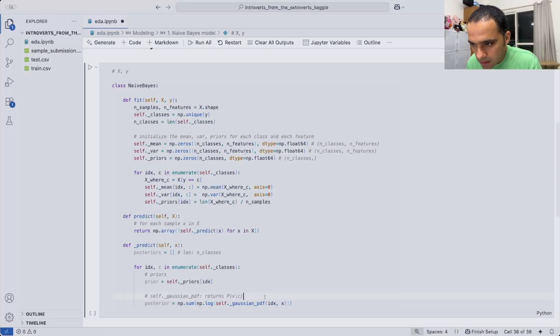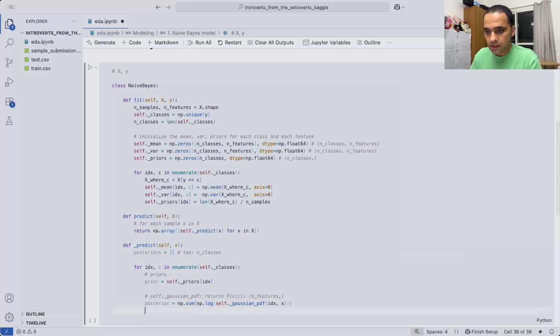So this would be nothing but a vector of shape number of features, and then we can take a log of all of those and do the summation. So we'll need to define this helper function later.